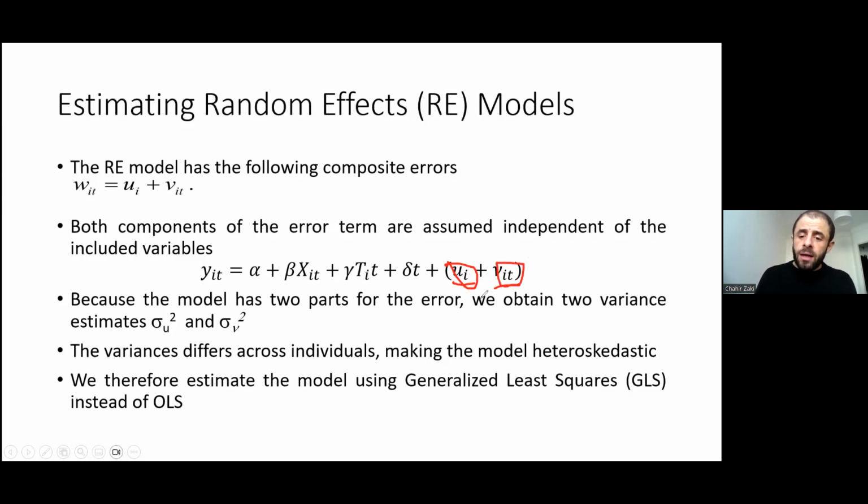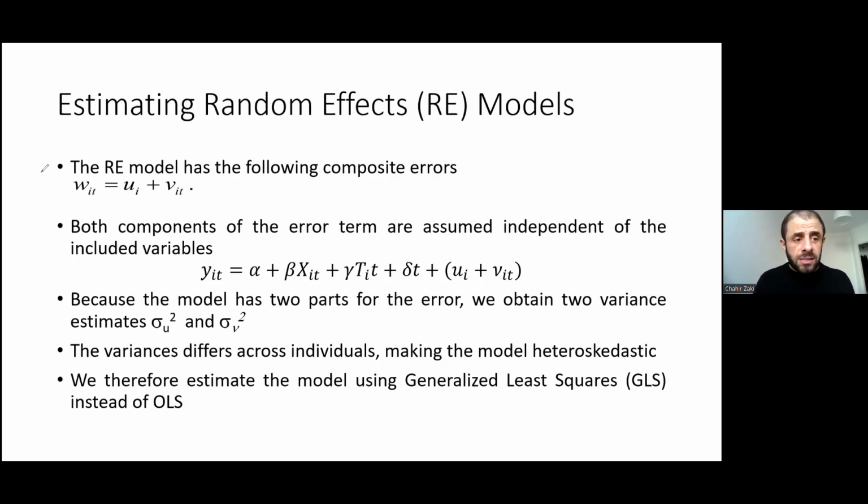The first one will be varying across individuals, which means that the variance of this error term overall will not be constant. And if it's not constant, it is heteroscedastic, and we have to resolve this problem using the generalized least squares.